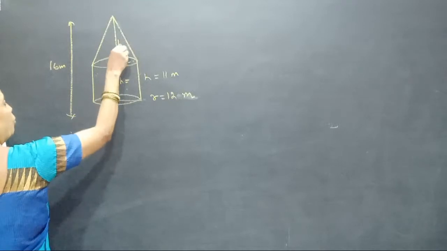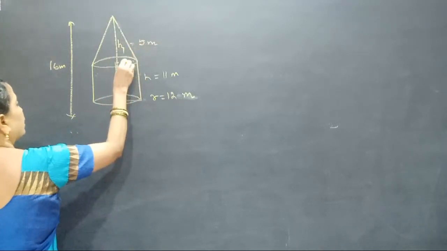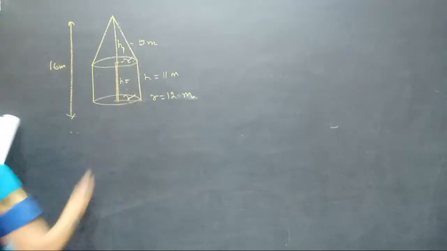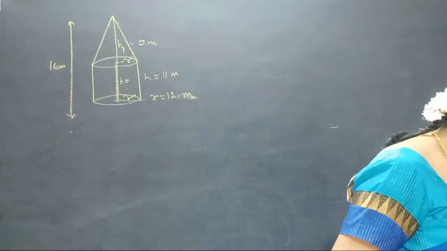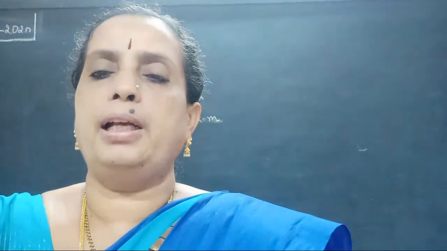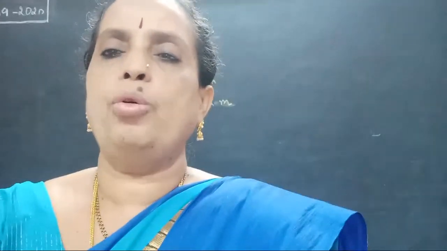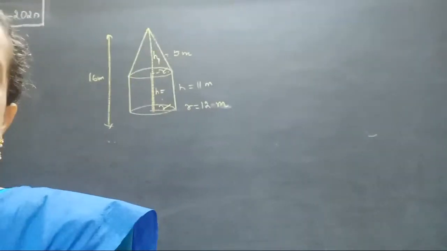So the height of this is 5 meter. Is it clear to everybody? So this is a combination of a tent, that is a cylindrical portion and a conical portion. Can you see the top of the figure? Yes?